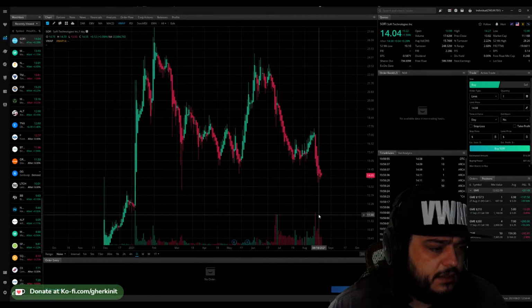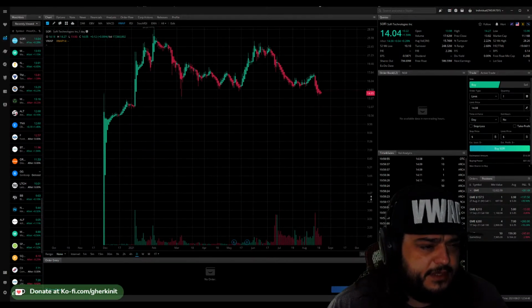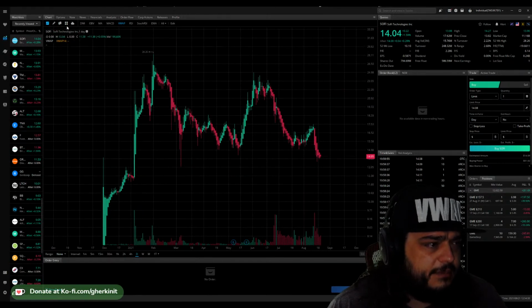SoFi. It's hard to say. This doesn't really have enough stock history. If anything, this kind of looks like a descending wedge to me.